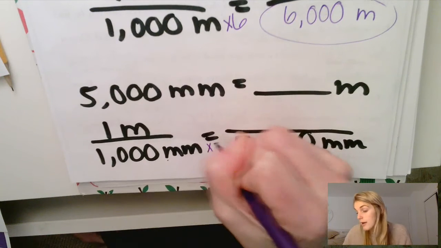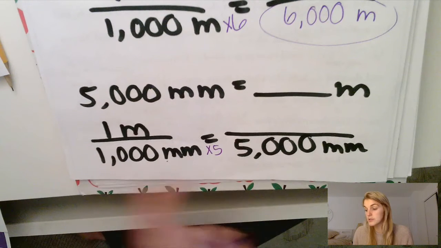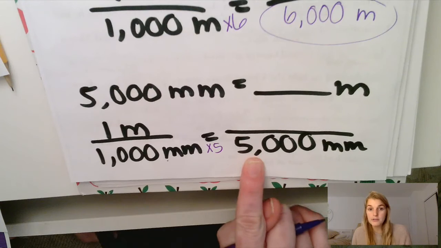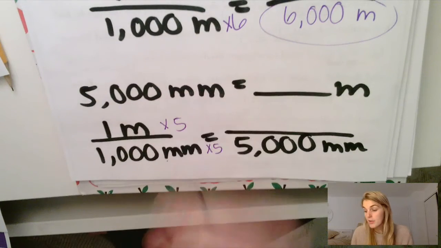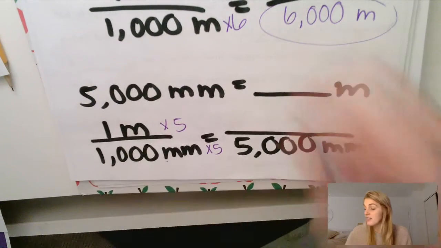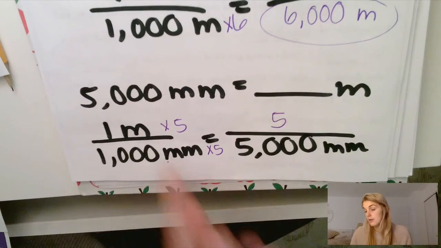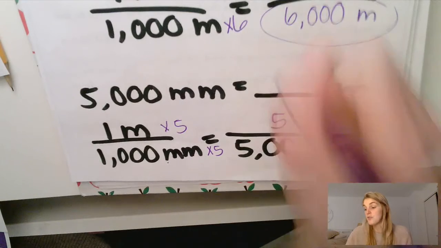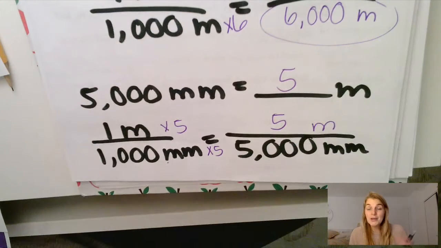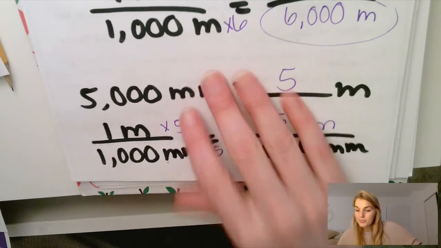We multiply by 5 because 1,000 times 5 is 5,000. So what you do to the bottom, we ought to do to the top. And 1 times 5 is 5. We're talking about meters, so we must be talking about meters over here. So 5 is our answer. Same proportion, same strategy if you'd like to use that.